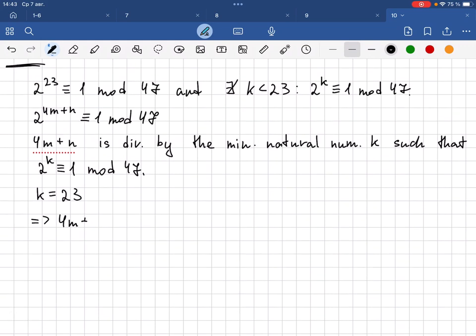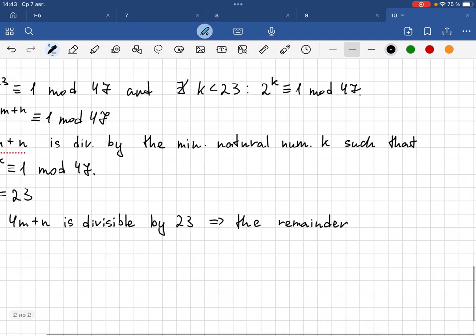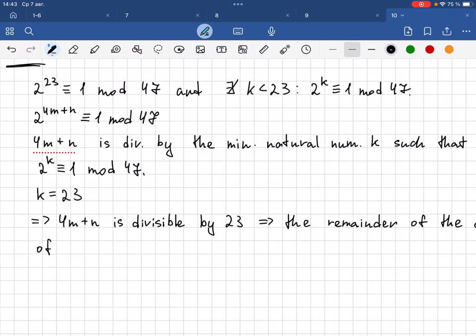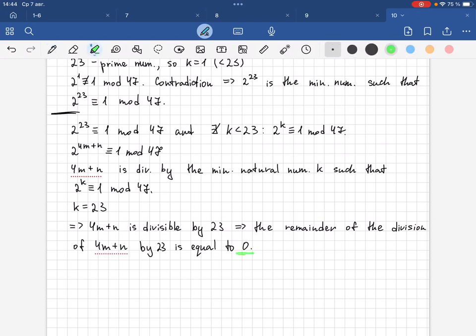Consequently, 4m plus n is divisible by 23, which means that the remainder of the division of 4m plus n by 23 is equal to 0. So the answer here is just 0.